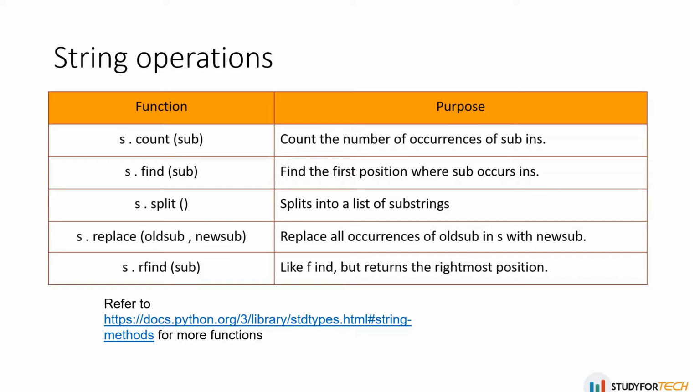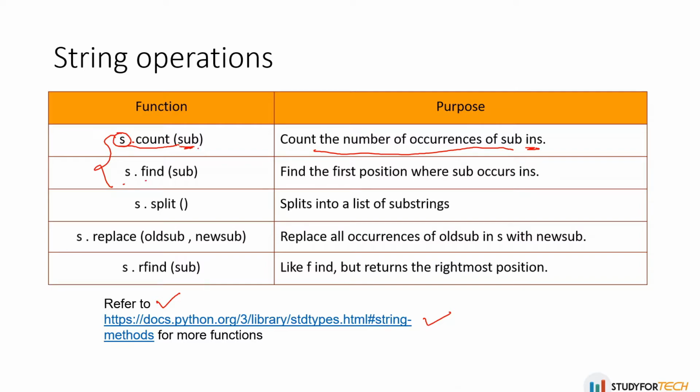These are all the string operations. There are many more, a few of which I'm going to explain. If you want to go through all of them, please refer to this particular document. You can get all of the operations related to string. So here, let's suppose we have one string s, and then s dot count counts the number of occurrences of a substring inside this.